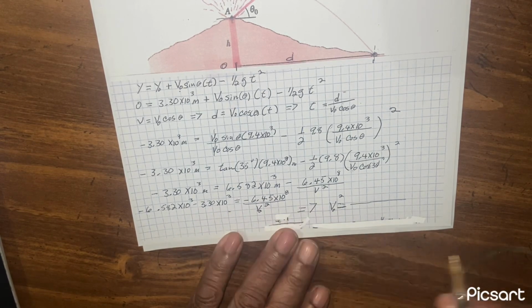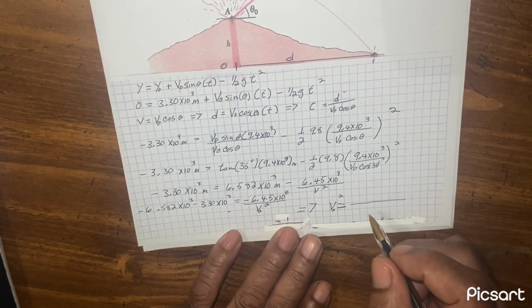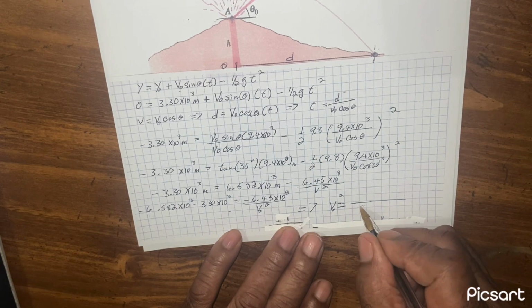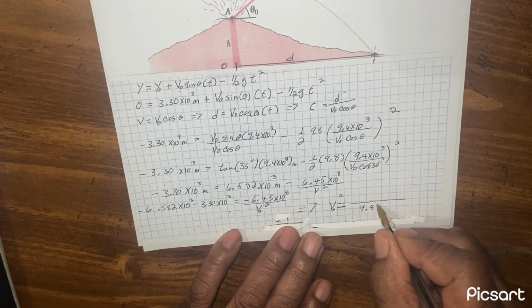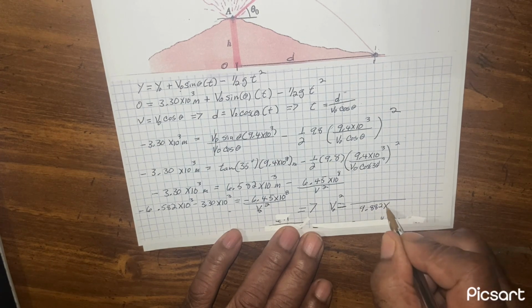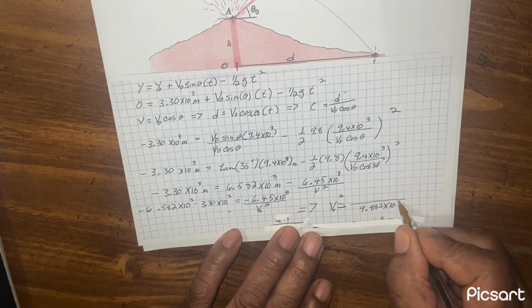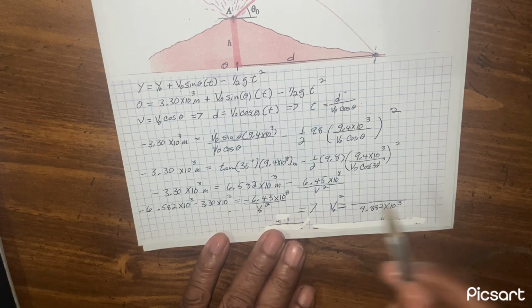The minuses make everything plus. So we have 6.45 times 10 to the 8 over 9.882 times 10 to the third.